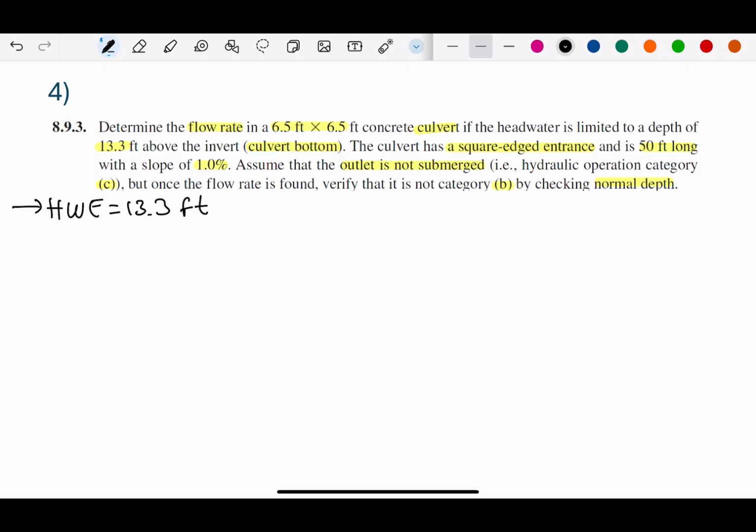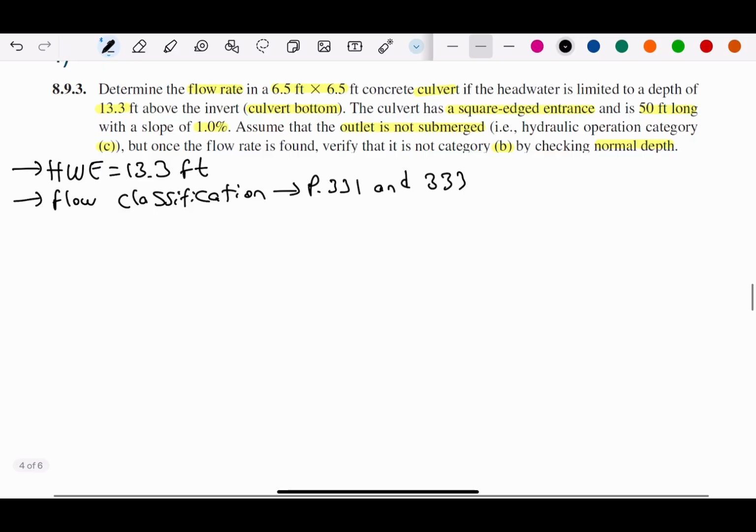So first of all, to see the flow classifications, you can check your textbook, page 231 and 33.